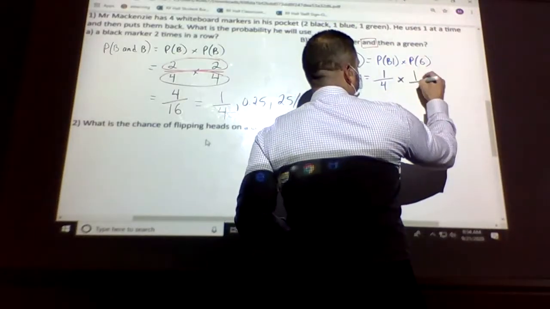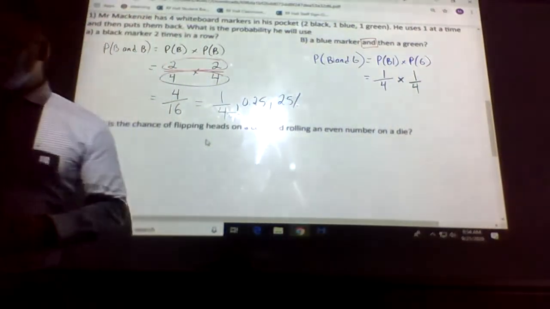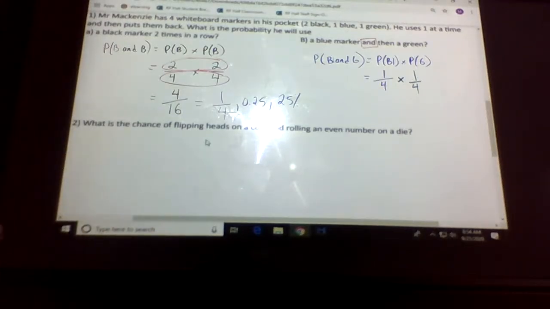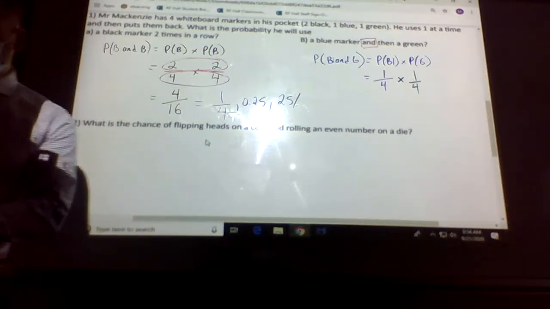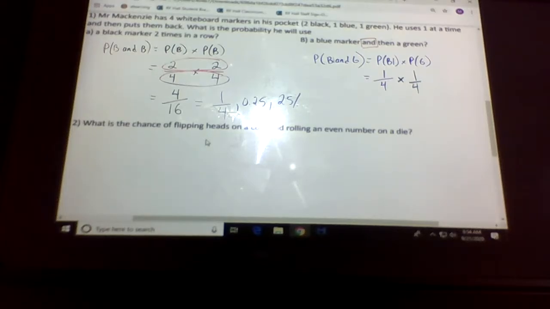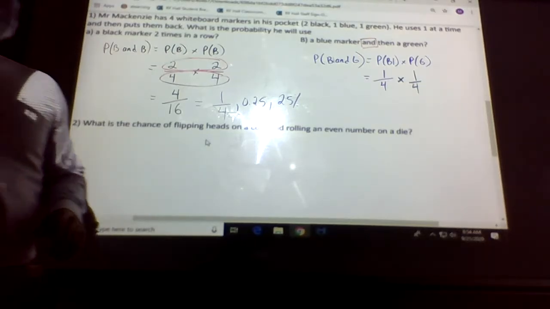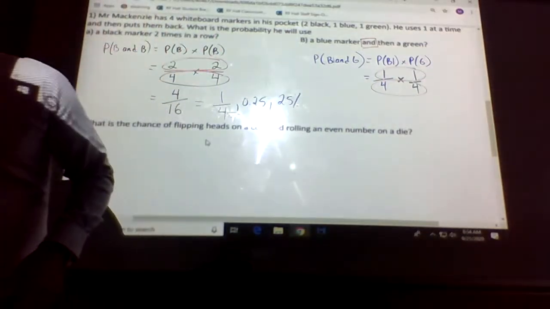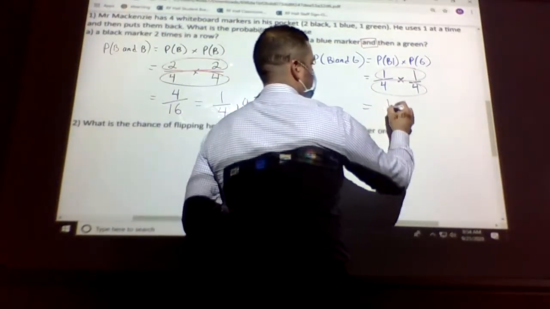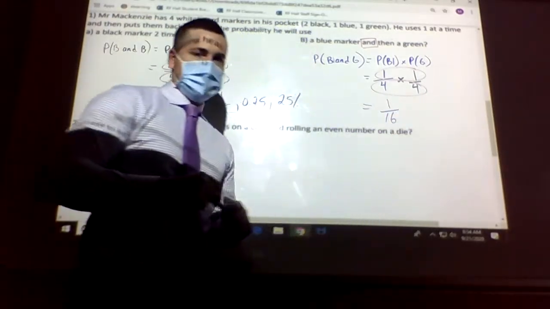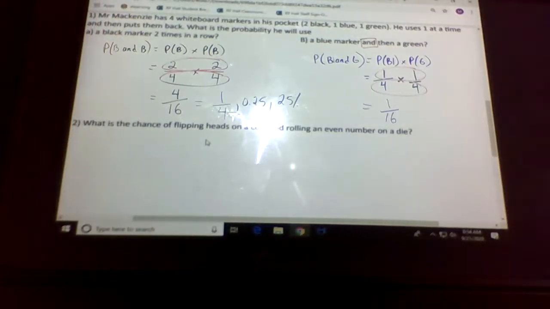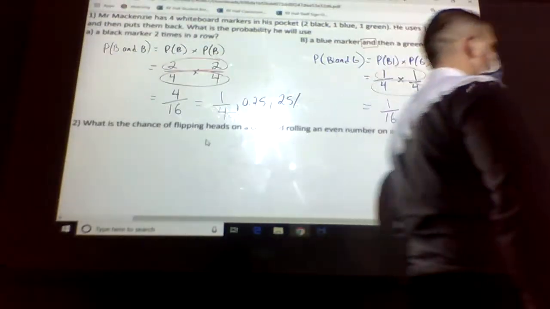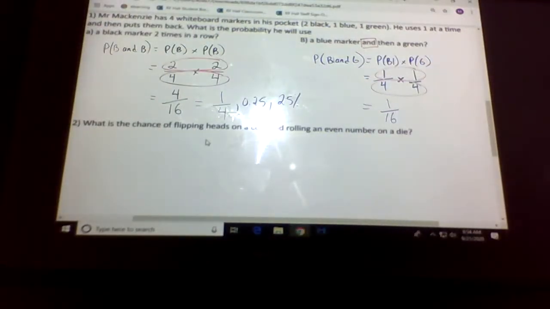So times 1 over 4. Now we multiply again the numerators and denominators. So we get 1 over 16. Questions?